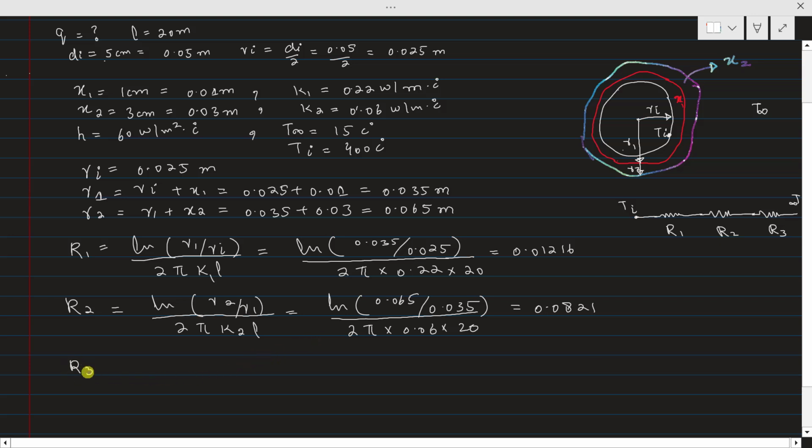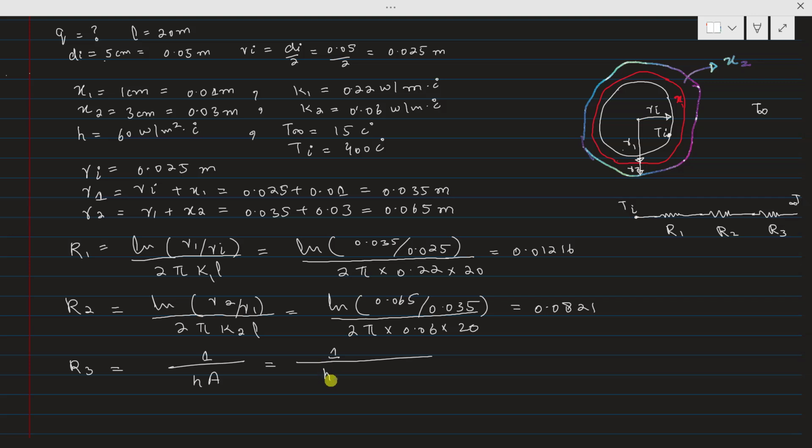Next is R3, that is equal to 1 divided by hA. So 1 divided by h multiplied by A, where A is equal to 2 pi R2 L. This is the surface area of this pipe. R2 is the radius from the center of the pipe to its outermost layer of insulation.